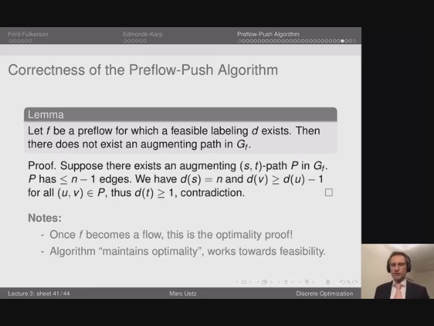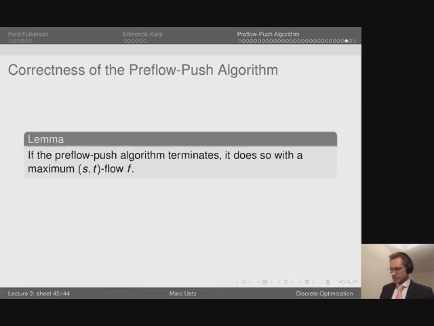That is in contrast to the other algorithm by Edmonds and Karp, where we maintain feasibility at all times, and at the end we obtain optimality. So just to summarize that in another lemma: in this preflow push algorithm, once it terminates, it terminates with a maximum s-t flow.